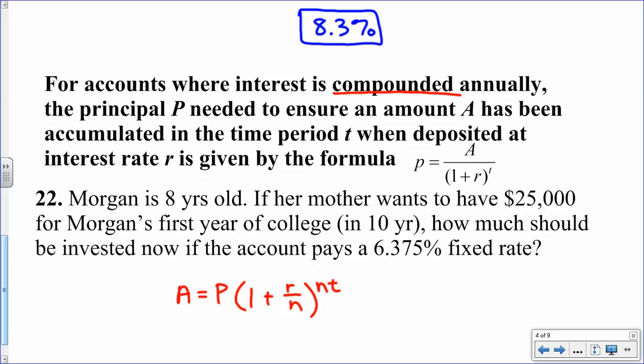So that's what I start with, is start with the formula you need. Then identify the variable that you're looking for. Okay, so read through. So you want to know how much should be invested now. So what variable would that be?